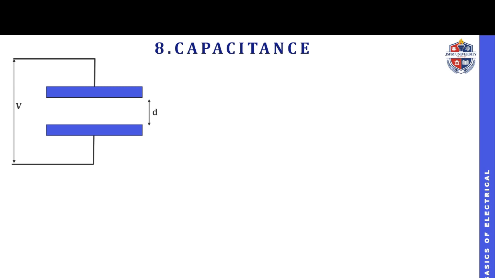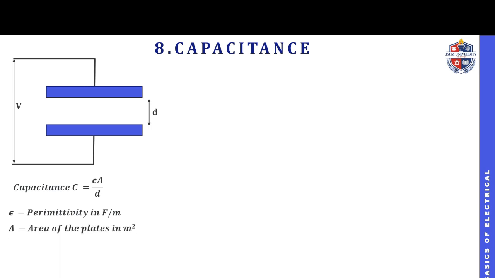Normally, when the capacitor has two parallel plates separated by a distance d, the capacitance is equal to epsilon A by d. We know the capacitor unit is farad, right? In short form we write it symbolically as F. So here the capacitance C is epsilon A by d, wherein epsilon is the permittivity in farad per meter, and A is the area of the plates in meter square.